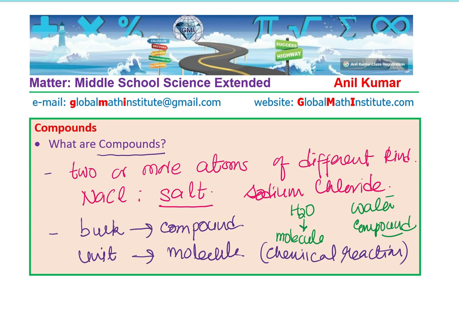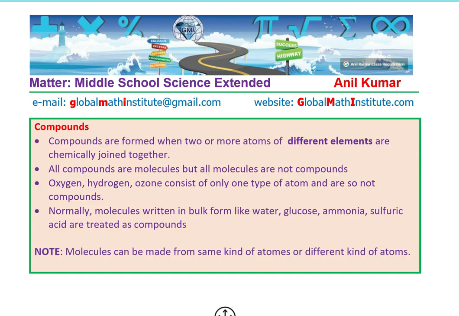So, with that in mind, let's summarize the major differences between molecules and compounds. Before that, let's see what compounds are. So, these are kind of your notes. Compounds are formed when two or more atoms of different elements are chemically joined together. Now, when you're joining them, this could be covalent bonds or ionic interactions.